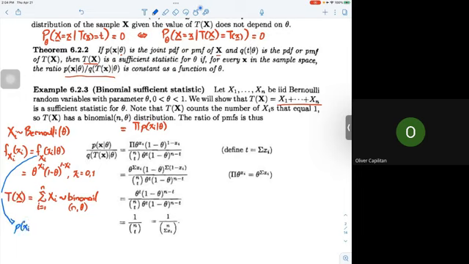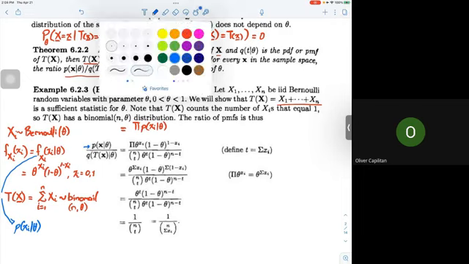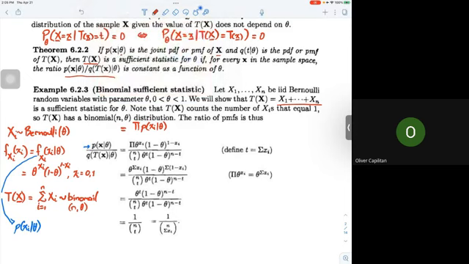P of x sub i given theta, kasi ito yung P. And then we have the sample, bold x, i from 1 up to n, divided by yung PMF ng ating sufficient statistic.